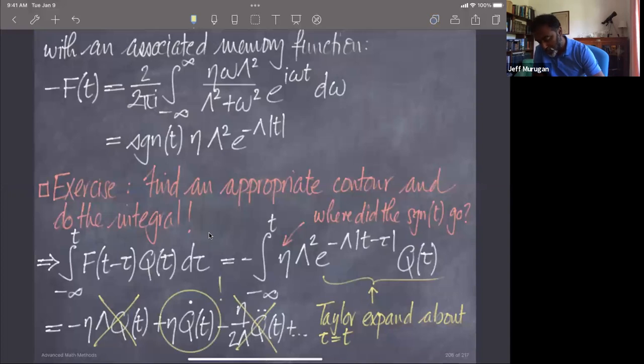And lo and behold, we have a term that is proportional to the first derivative of q.